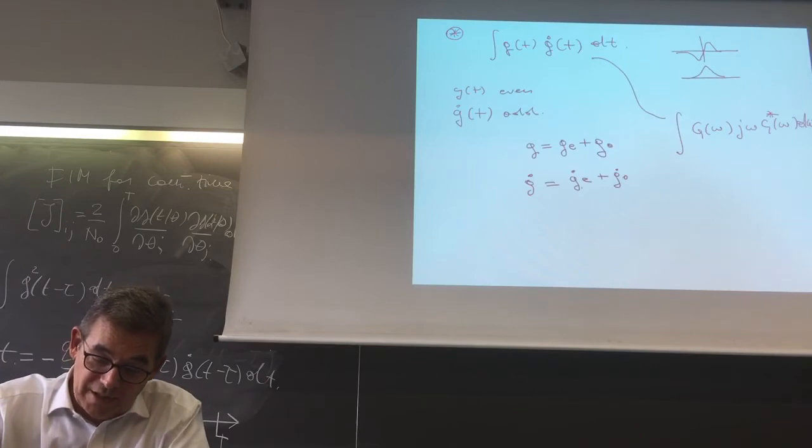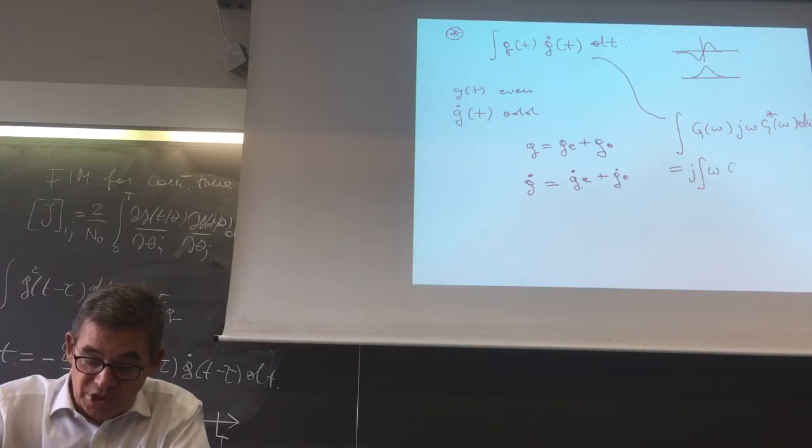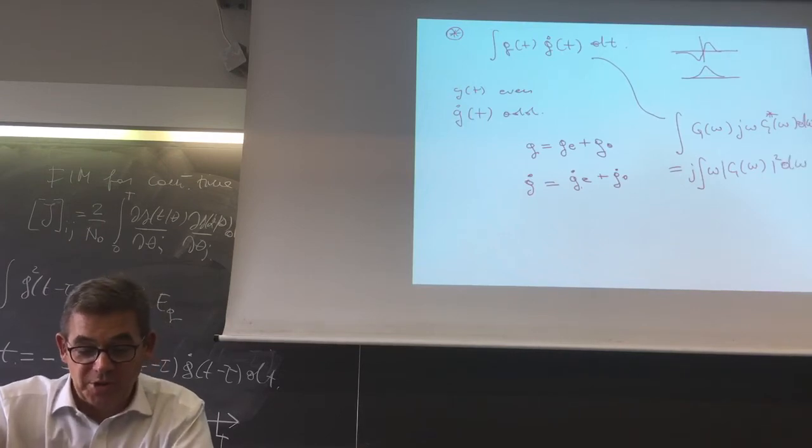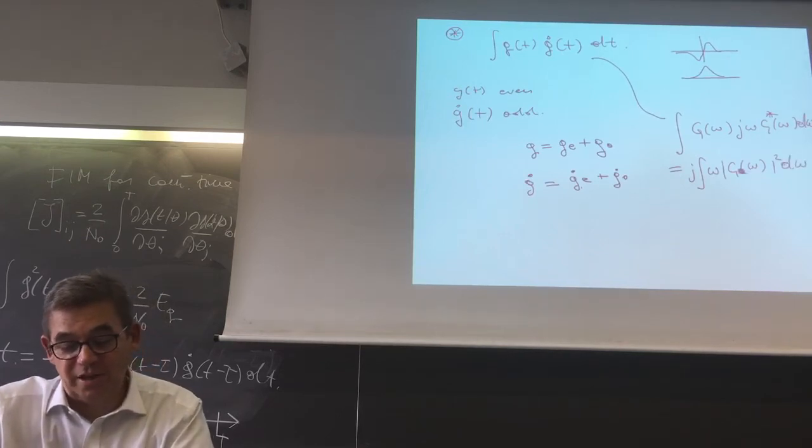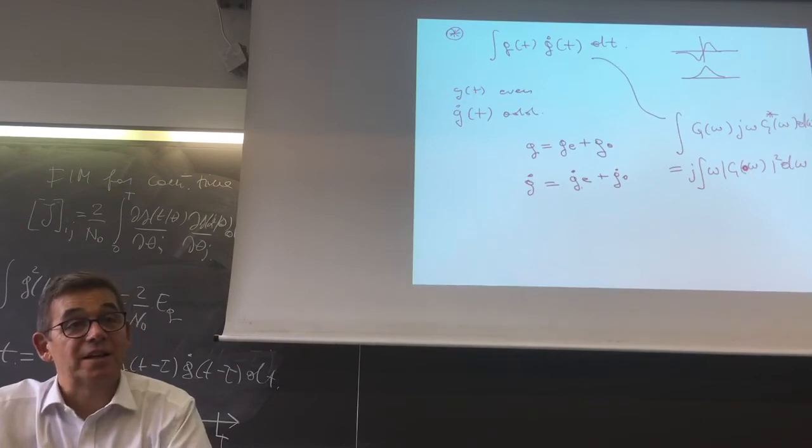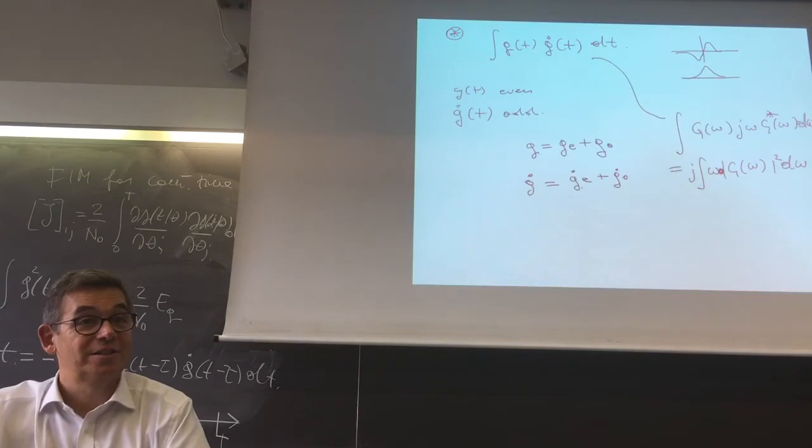Then this is equal to the integral of j omega times |g(omega)|^2 d omega. But |g(omega)|^2 is even, and omega is odd.